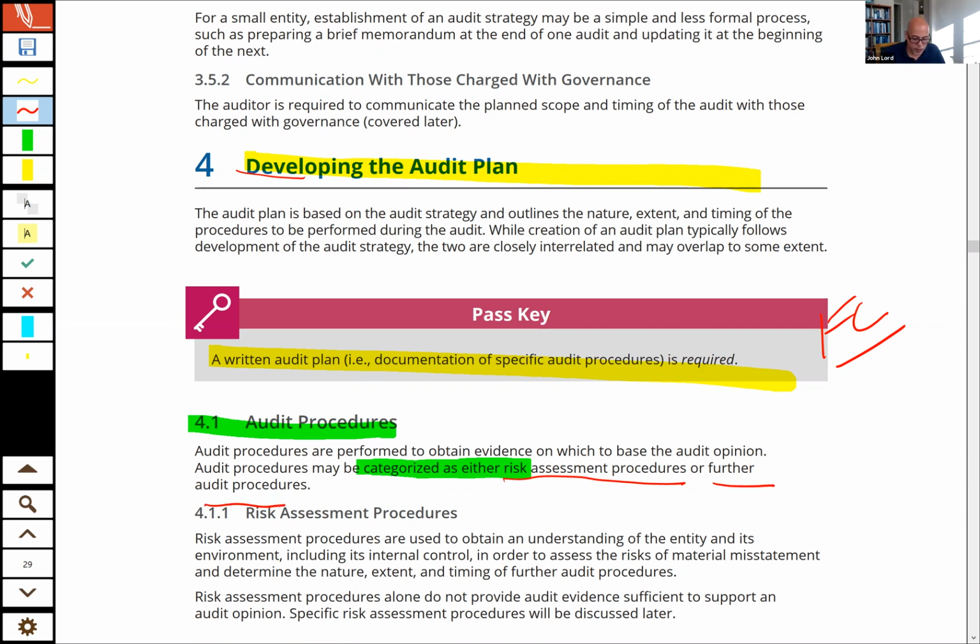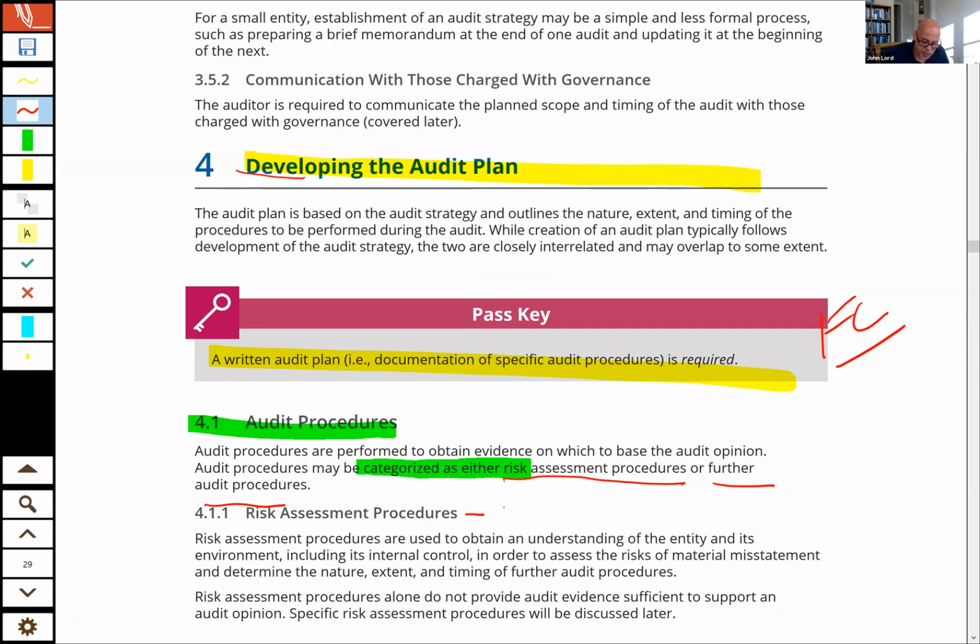Now, when you look at these and they talk about them below, these are really steps in an audit. Okay, so this is really important that we understand the steps in an audit, the process that we go through in these procedures.